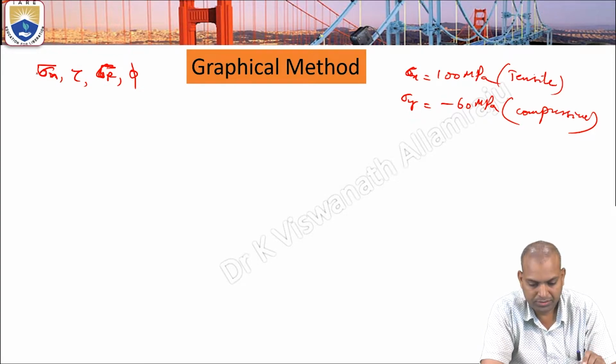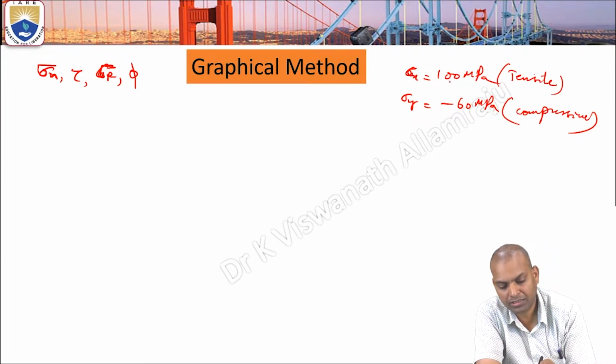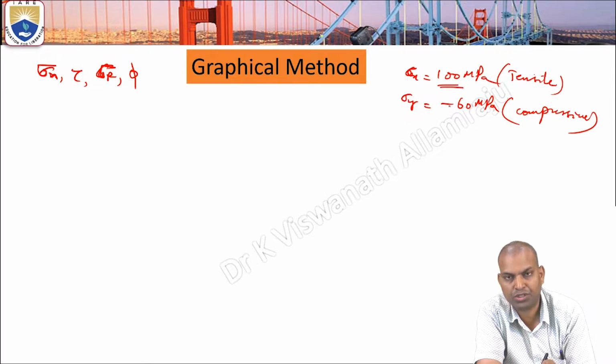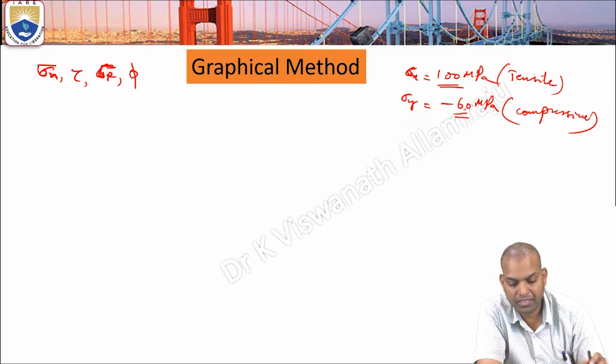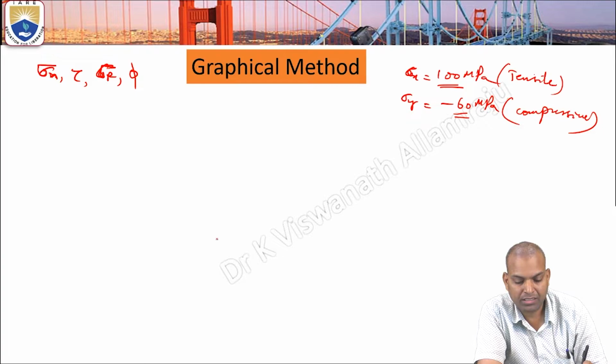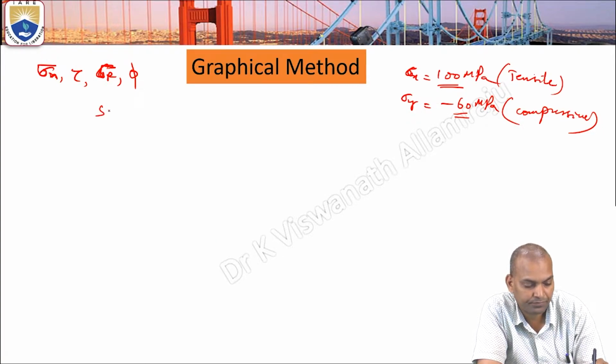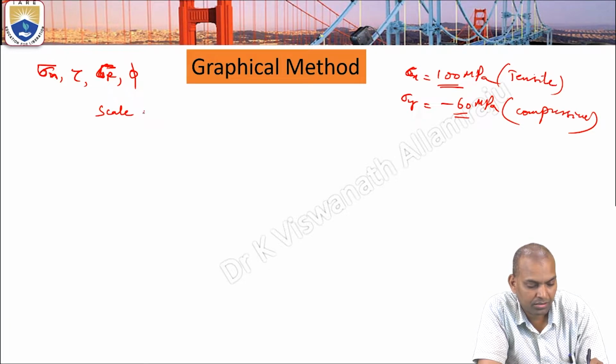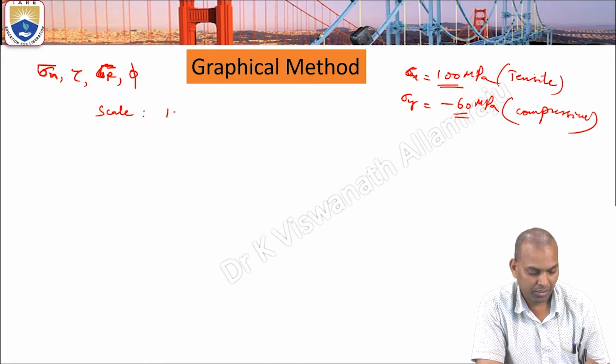Now when sigma x is positive, tensile, and sigma y is negative, take a scale: 10 megapascals equal to 1 centimeter.